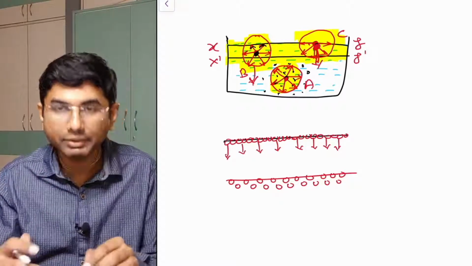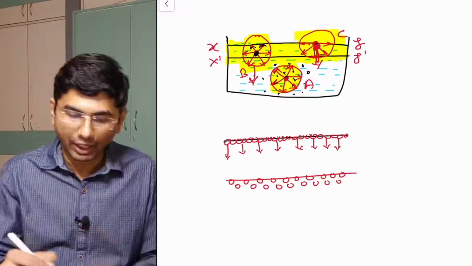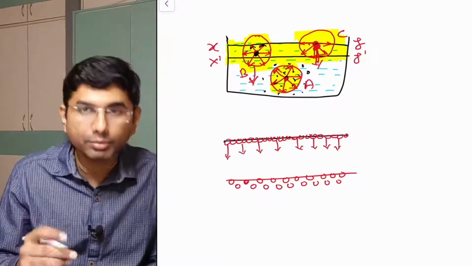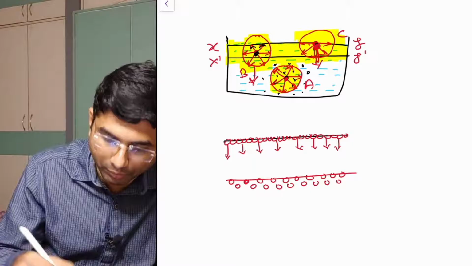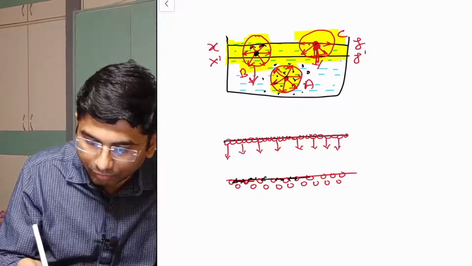Now this is the case which happens at the final stage, when the liquid is at the stationary level, and because there are fewer molecules there, and they all have force of attraction with each other, they are bound with each other.